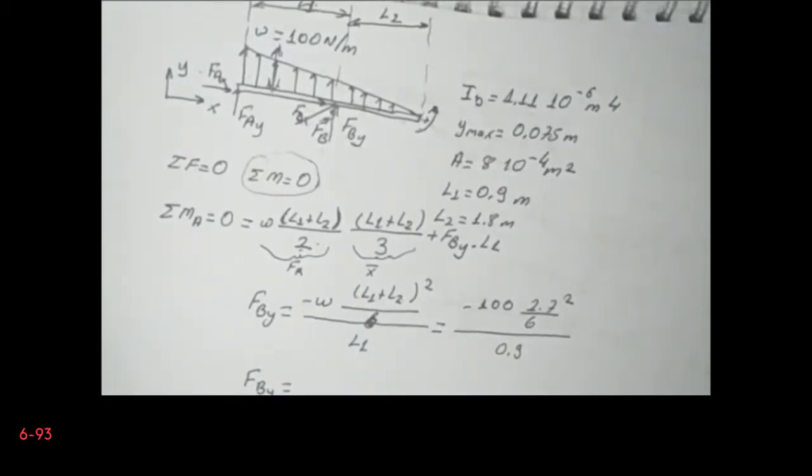This is 100, 2.7 squared divided by 6 divided by 0.9.